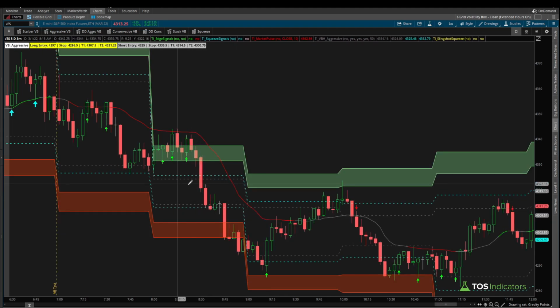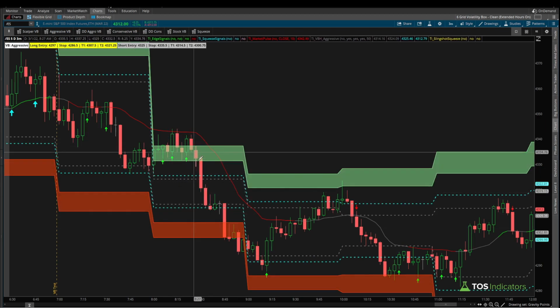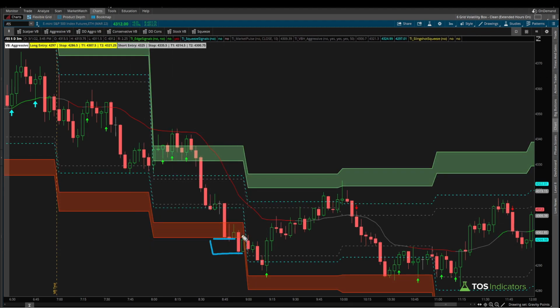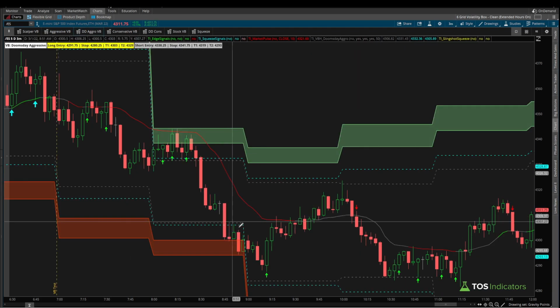Now in that next hour, however, we did not see the edge signal, which allowed us to essentially stay out of trouble. In fact, the first time we saw an edge signal was the beginning of the 9 to 10 a.m. Pacific hour, by which point price had already given us clues that, hey, the aggressive is not holding either, with the price breaking outside. Neither was the doomsday aggressive. We can see that right here. Fell into the clouds, chopped around sideways before ultimately going outside.